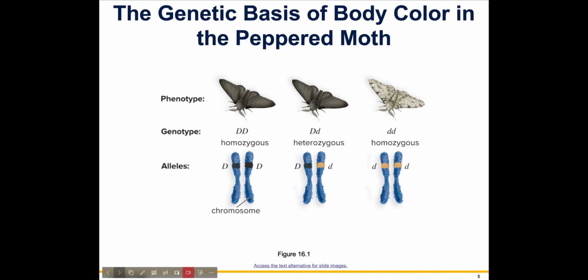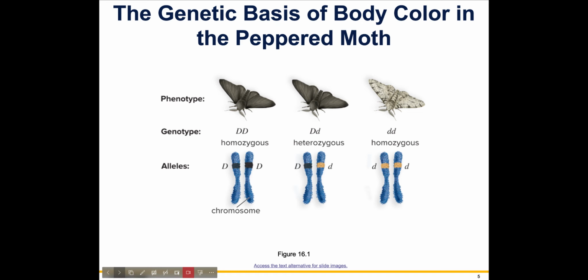So here is another way to look at that idea. If we're looking at, say, peppered moths, we know that there is a physical appearance to these moths. They either have a dark color or they have this light speckled color.